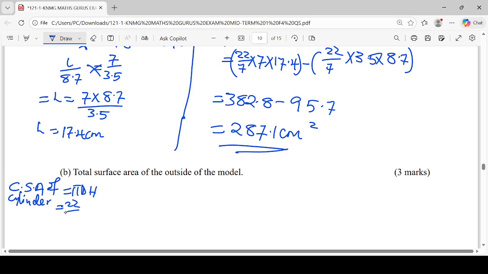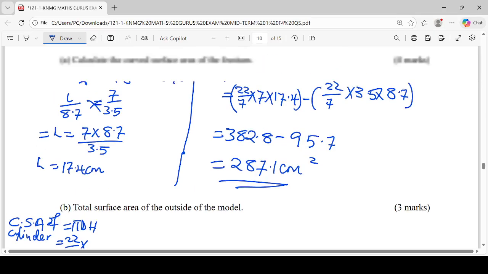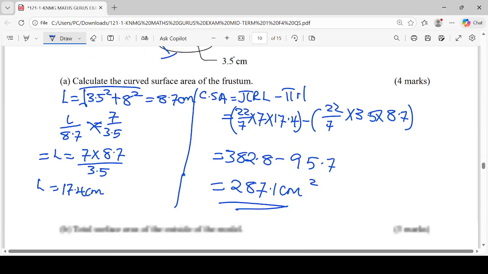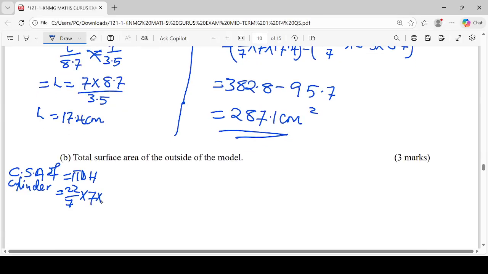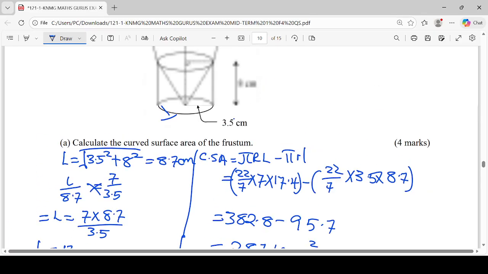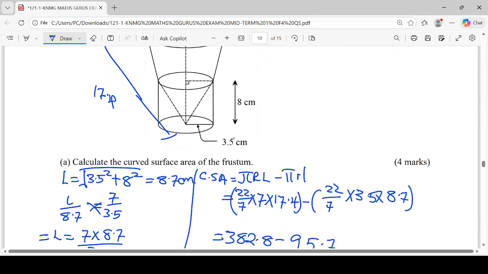So 22/7 times the diameter. If the radius is 3.5, then the diameter is 7, times the height of 8. When you take 22/7 times 7 times 8, that gives you 176 square centimeters.